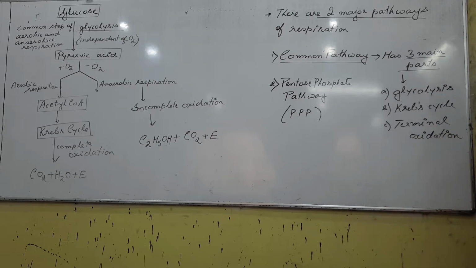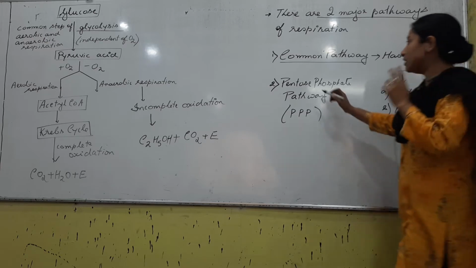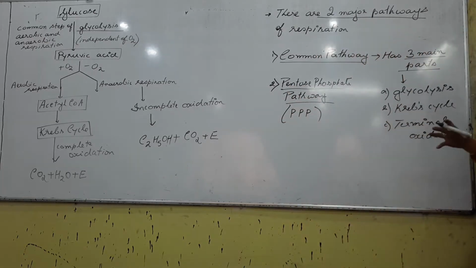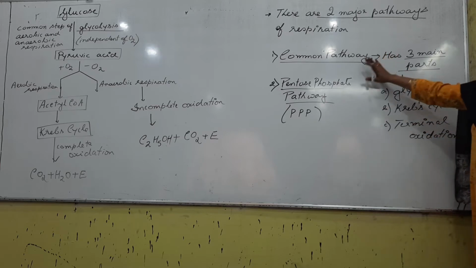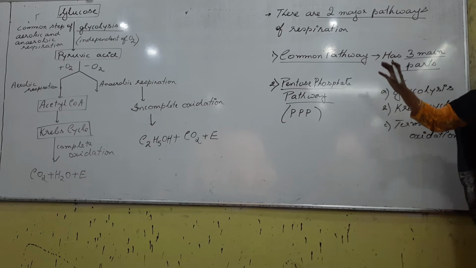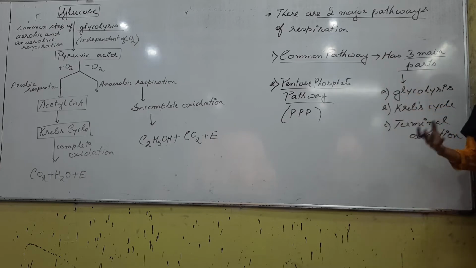Okay, next is talking about the major pathways of respiration. There are two pathways: the PPP, but the common pathway, right? Normally, whenever we talk about the common method of respiration, or breaking down of food, or oxidation of food, generally we talk about this. But sometimes, according to certain plants and certain cells, they have an alternate method of glucose breakdown.